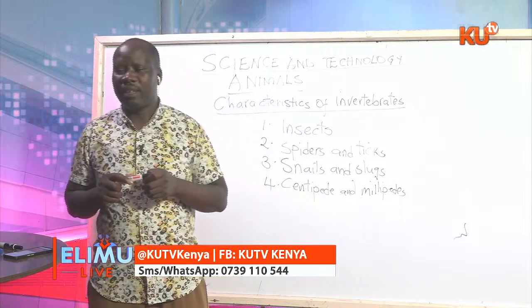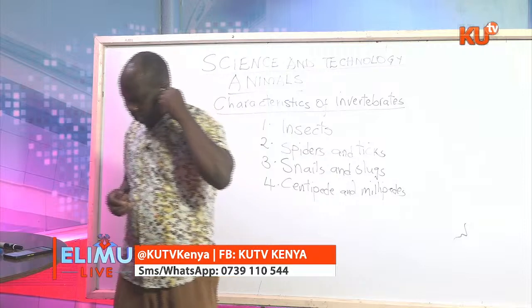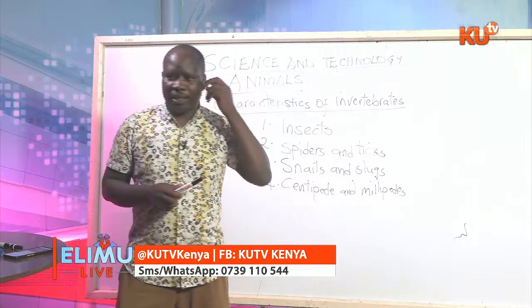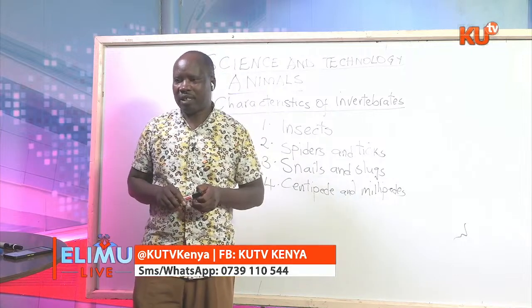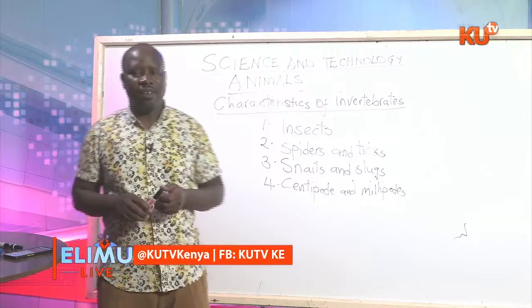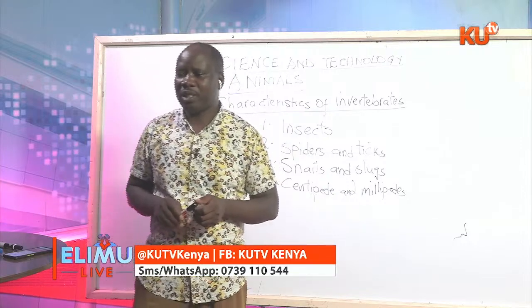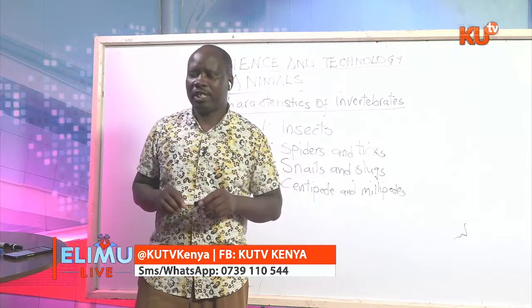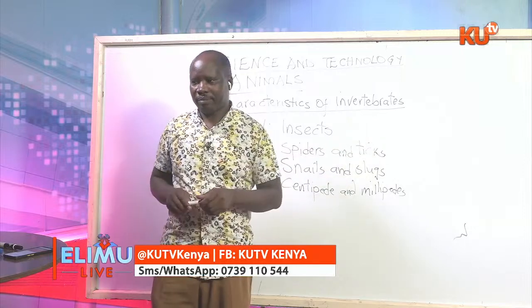Characteristic number 3, we say that most of them have 2 pairs of wings. Then we've said also they have a hard outer covering layer, which is called exoskeleton. And finally, they have a pair of antennae.